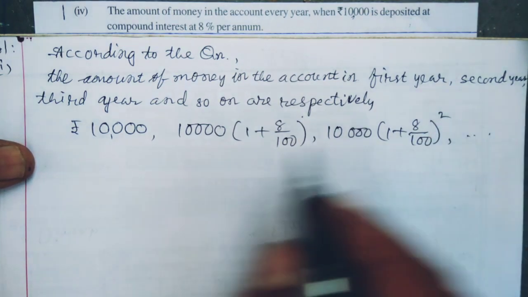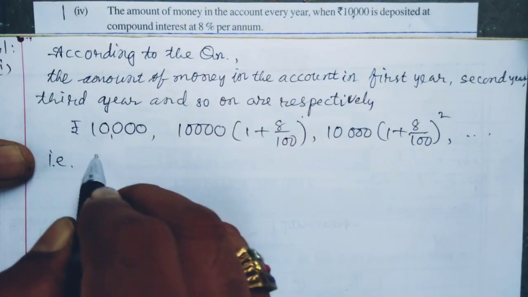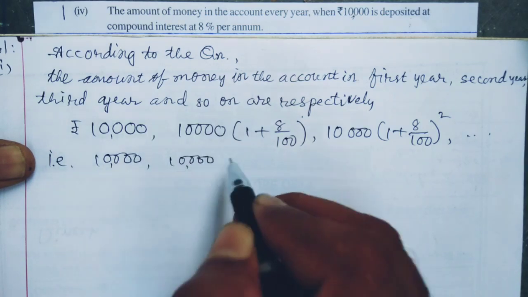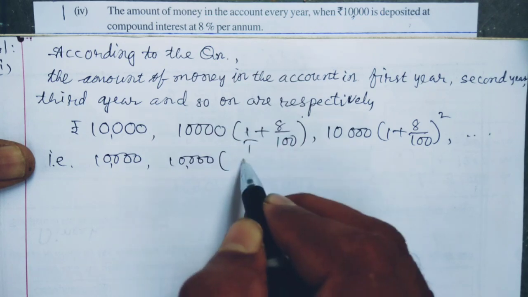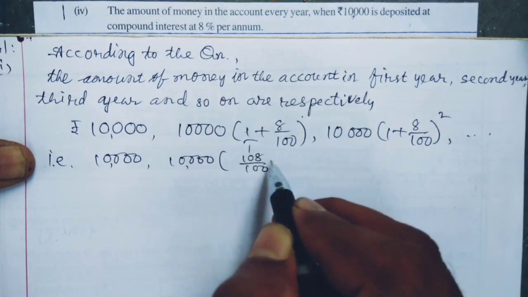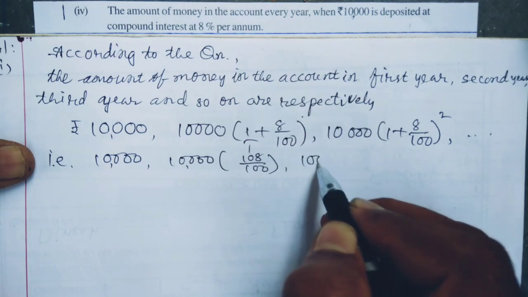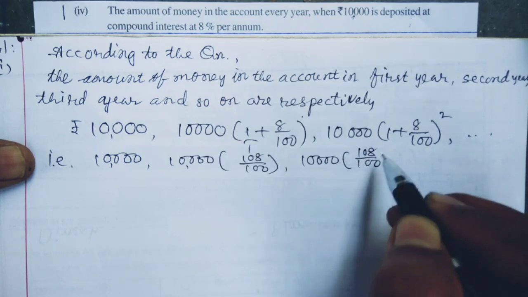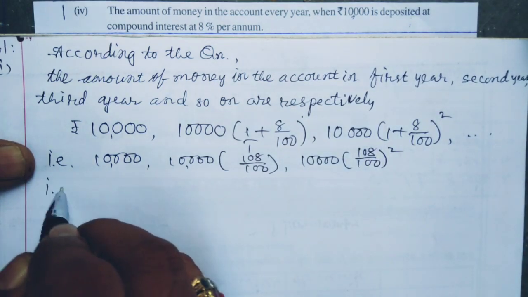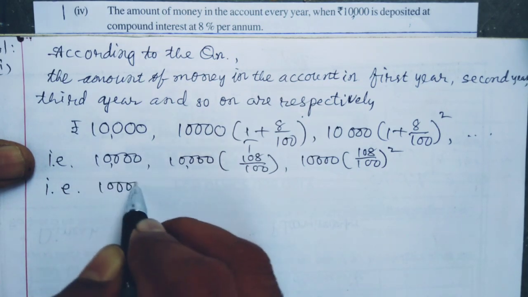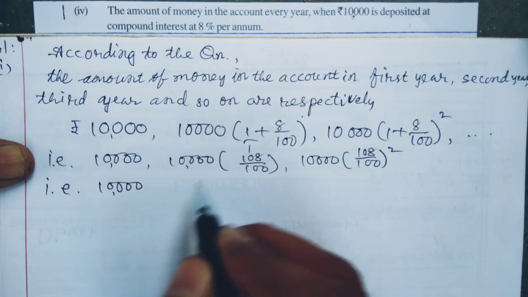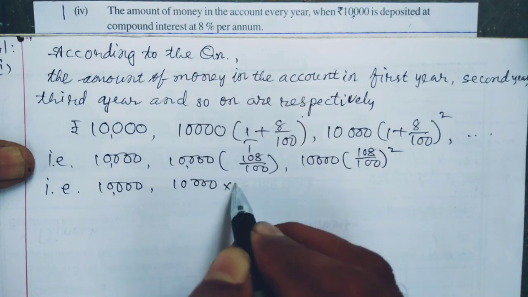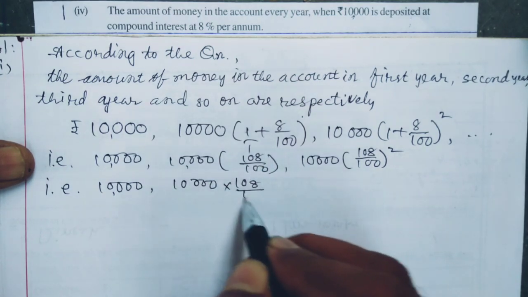So and so on. That is 10,000 into 100 plus 108 by 100, 10,000 into 108 by 100 whole square, that is equal to 10,000. Here 10,000 into 108 by 100.